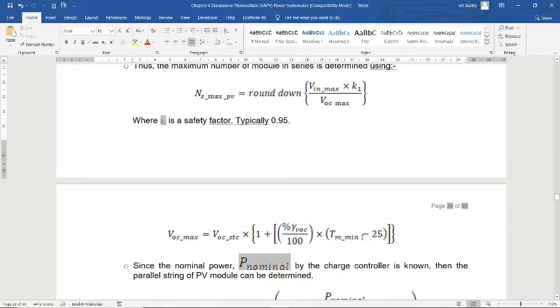This is temperature of the PV module minimum, because when the temperature low, of course the voltage will be very high. Okay, remember back the graph that you already learned in chapter 3. When the temperature low, the voltage is high. That's why this is TM minimum, minus this is TSTC.